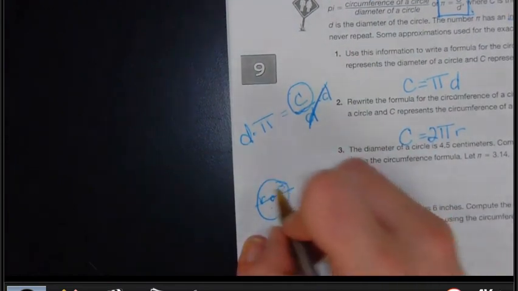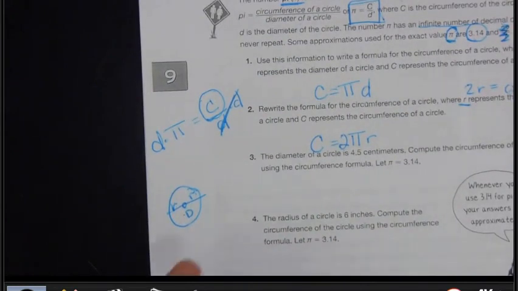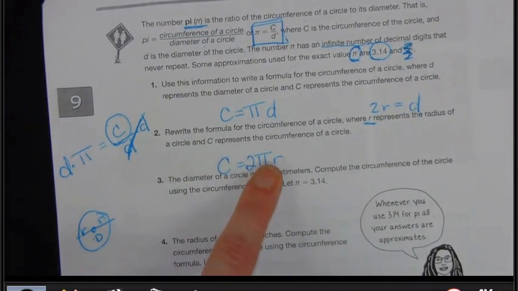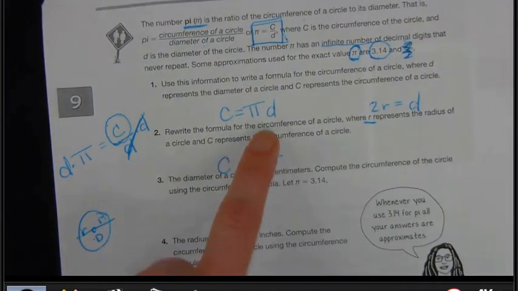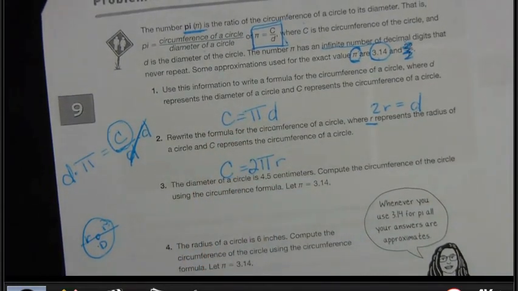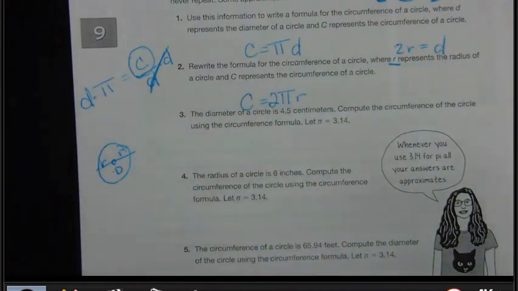So how many radiuses or radii does it take to create 1 diameter? We noticed and learned today that it's 2 radii to create 1 diameter, which is why I have 2 separate formulas. Okay? All right, so let's use our formulas here, and we're going to calculate the circumference of a couple of circles given to us.